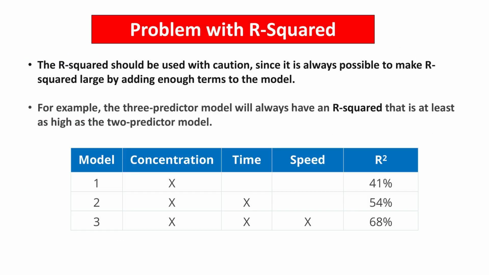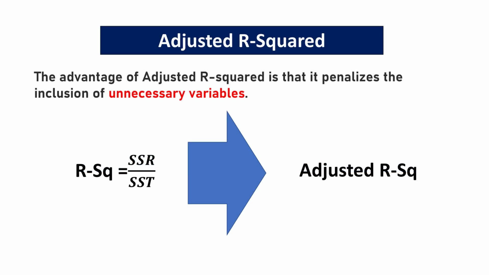The R-squared should be used with caution, since it is always possible to make R-squared large by adding enough terms to the model. For example, the 3-predictor model will always have an R-squared that is at least as high as the 2-predictor model. The advantage of adjusted R-squared is that it penalizes the inclusion of unnecessary variables.